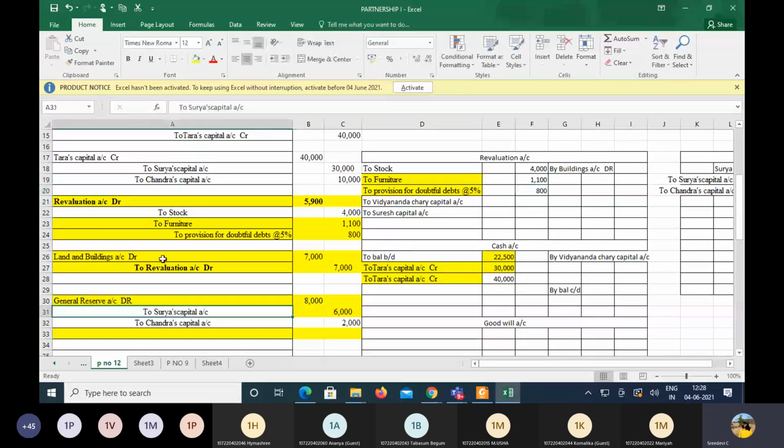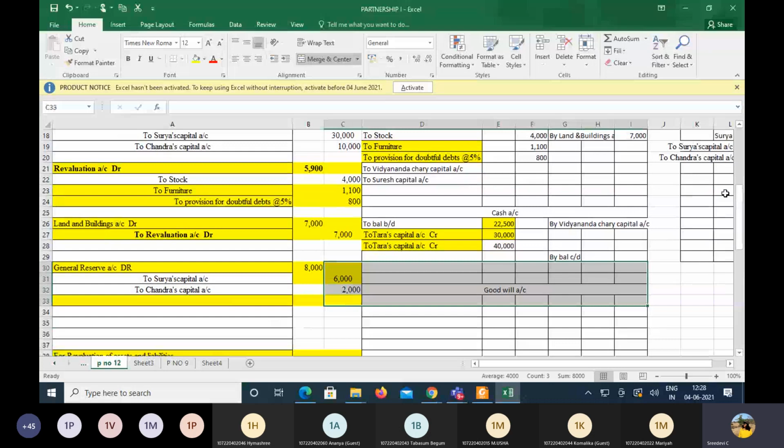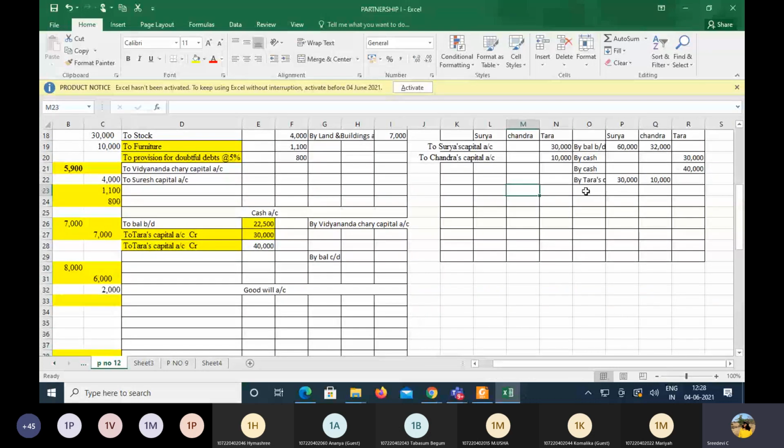Okay, then we have land and buildings, and the amount here is 7,000, right? Then followed by sharing the general reserve to the capital accounts of the partners, so by general reserve, 6,000 and 2,000.